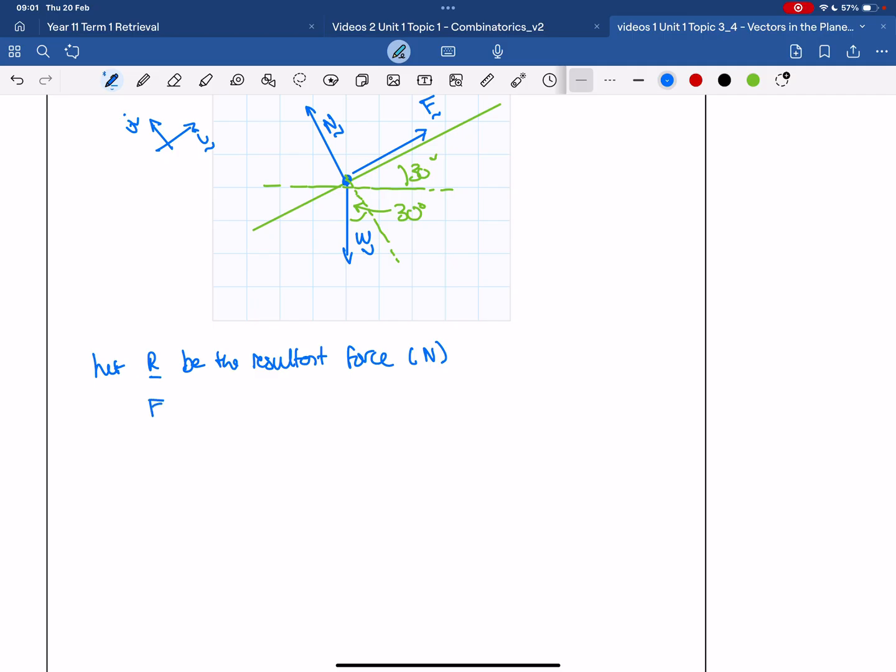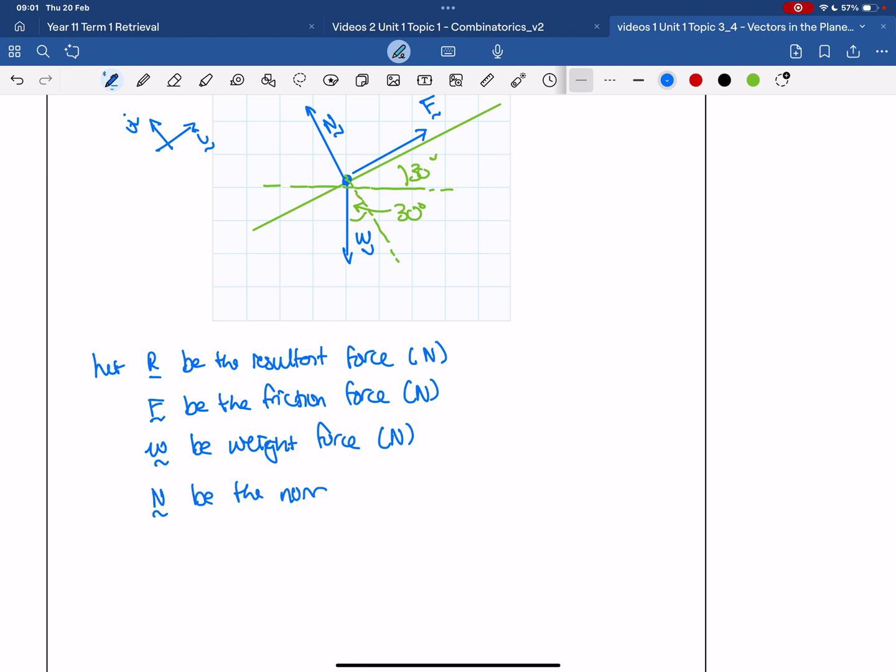We're going to let F be the friction force, measured in newtons. W will be the weight force measured in newtons, and N will be the normal force also measured in newtons.